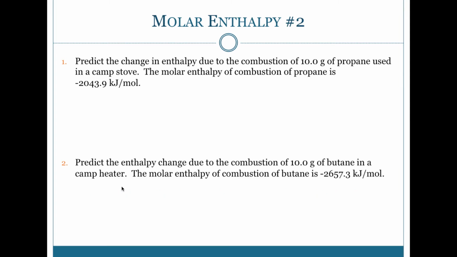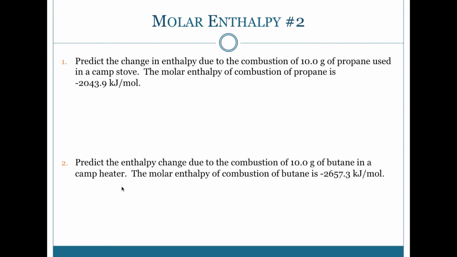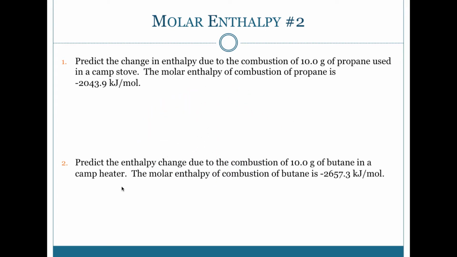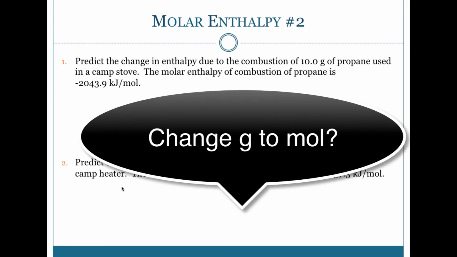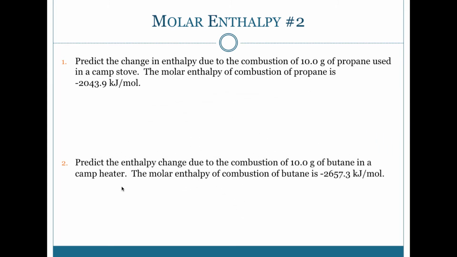Predict the change in enthalpy due to the combustion of some propane. It tells you how much per mole it is. So what would your plan of attack be? No, you don't give up. No, you don't guess. That's right. Your first job, since it's in kilojoules per mole, is to change grams to moles.